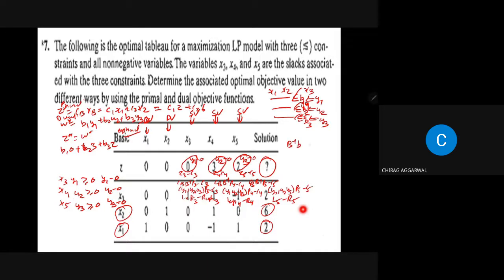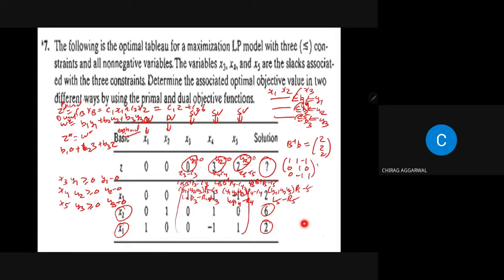We know that B inverse b is equal to 2 6 2, whatever the right hand side, and B inverse is what? B inverse is this column. So here we have the B inverse as 1 1 minus 1, and here 0 1 0, and 0 minus 1 1.